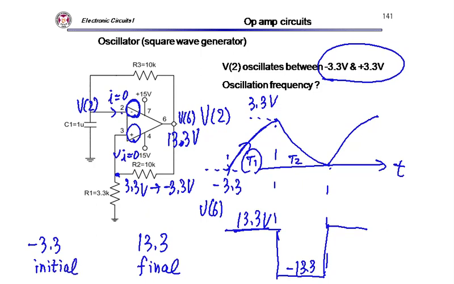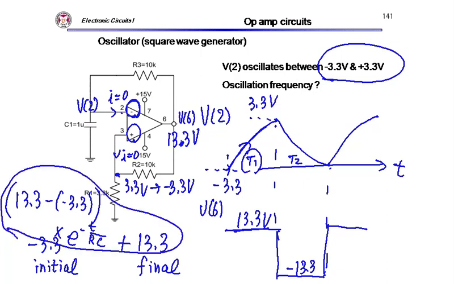Then let's see. You can see final minus initial times exponential minus t over RC plus final. Okay, that's the wave equation here. Okay, this is final, initial, final.